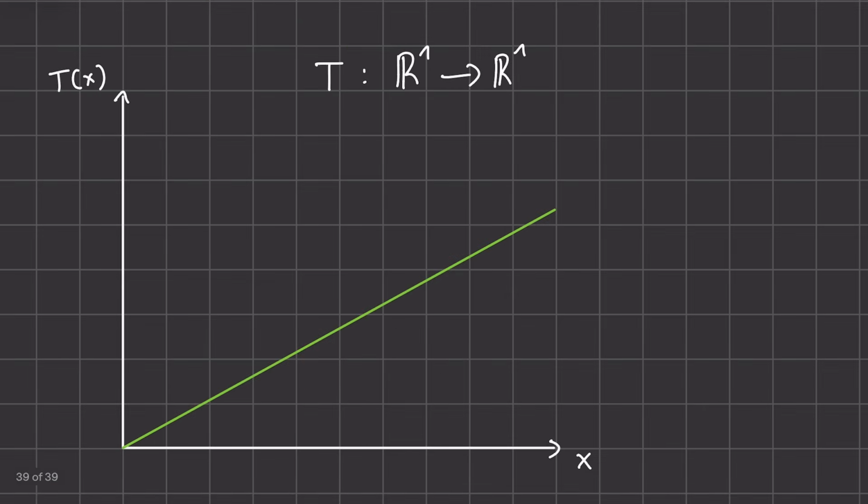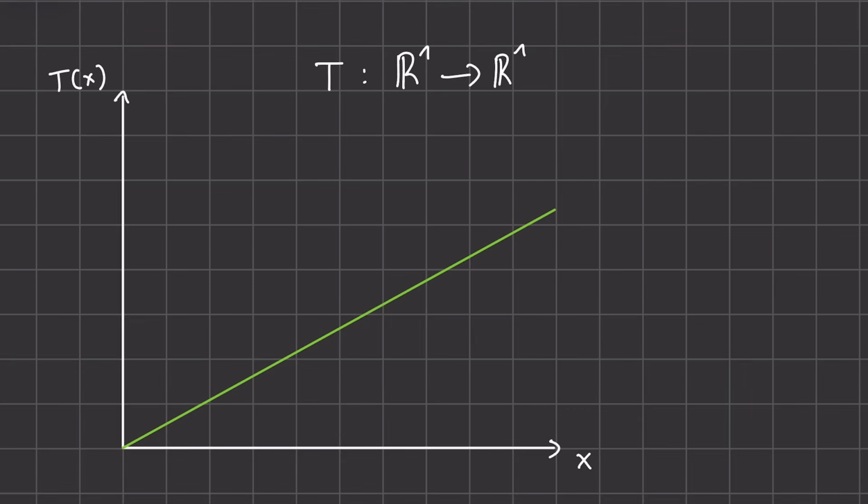Now, here I've sketched a simple case for a linear transformation, where we go from a one-dimensional space to a one-dimensional space. In this case, our first dimension is the x, so our domain, and the second dimension is this y-axis, which is T of x, and would be our codomain. Now, this green line here would be a linear transformation.